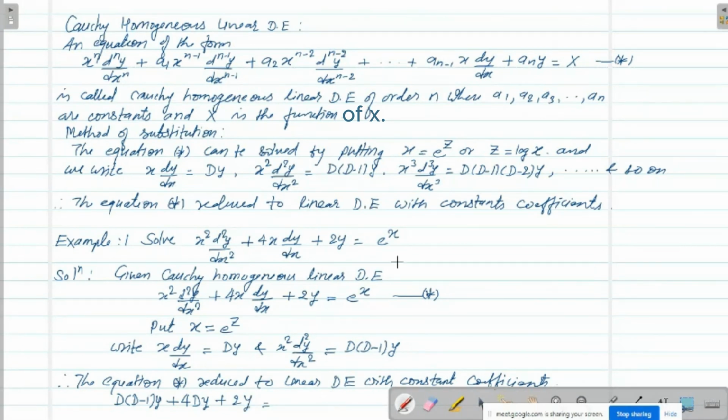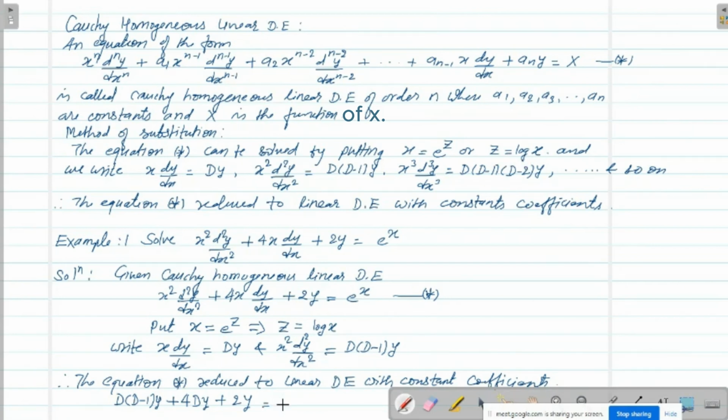Now come to here. x equal to e raised to z. We put here x equal to e raised to z, so this can also be written as z equal to log of x.